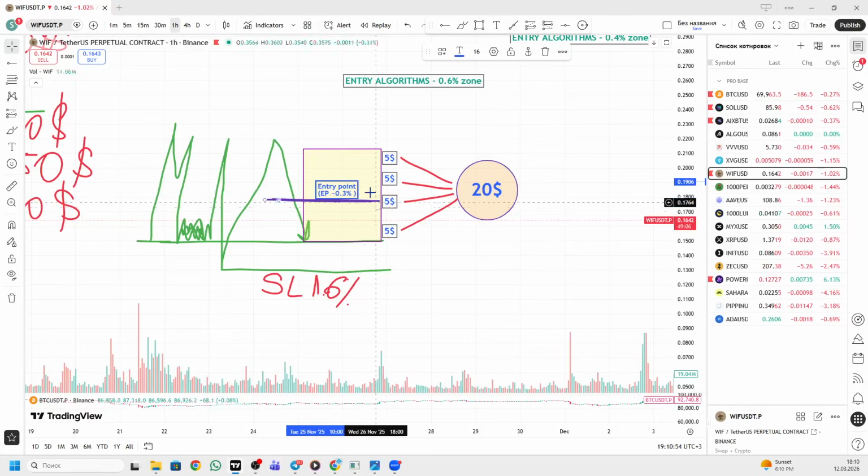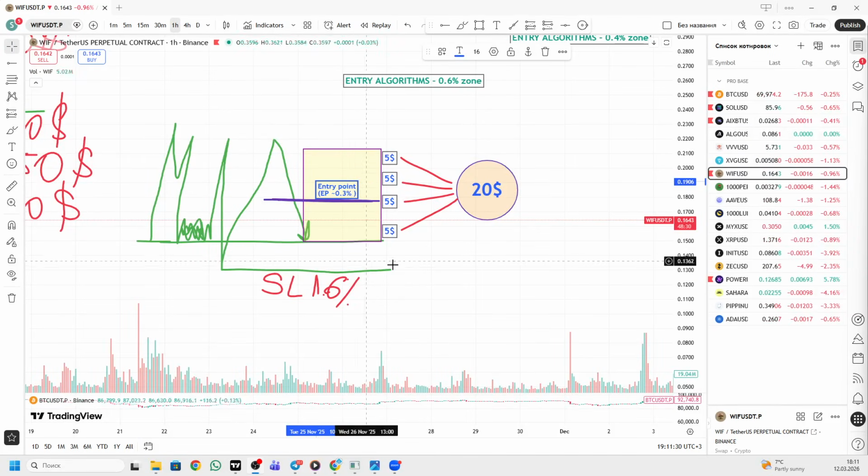So this will be your entry point. You will start gathering your limit orders from here, then third one and fourth one. So, and your entry point will be approximately 0.3%.